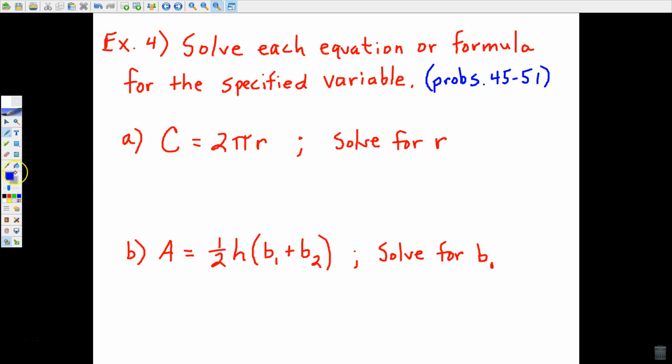Okay, but the thing to keep in mind is we're still using that reverse PEMDAS way of thinking.